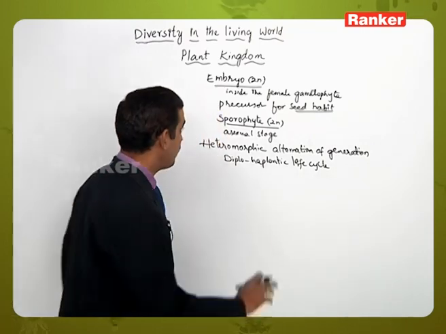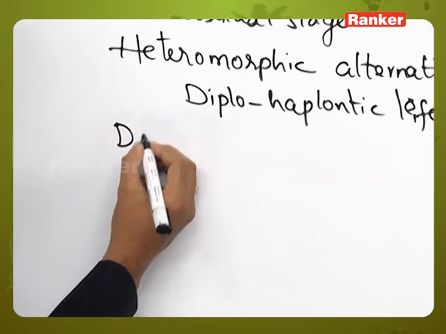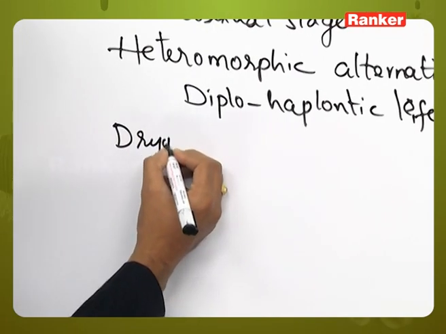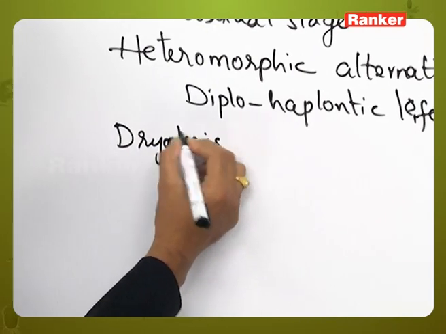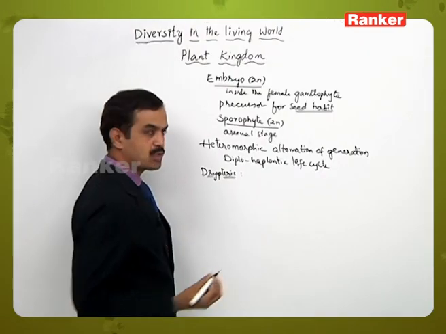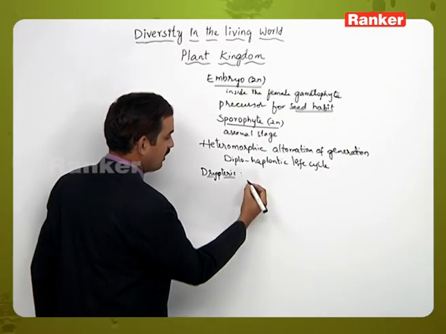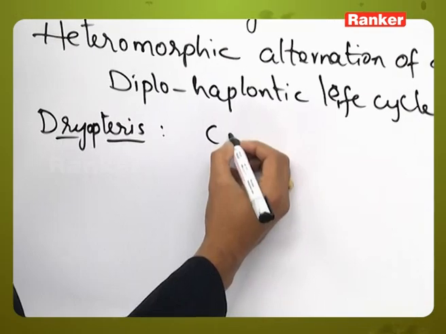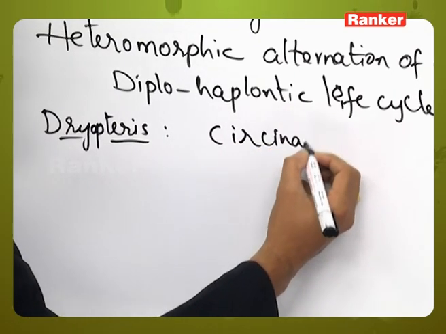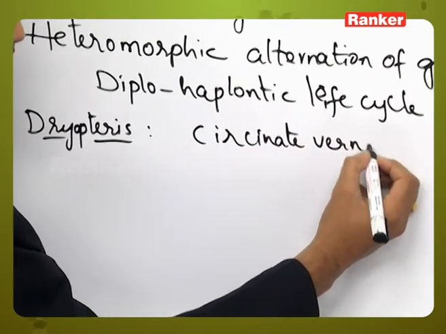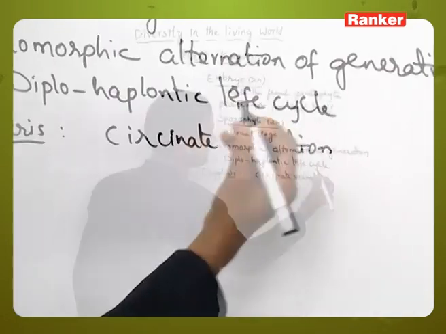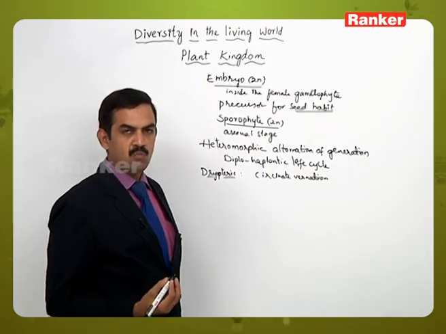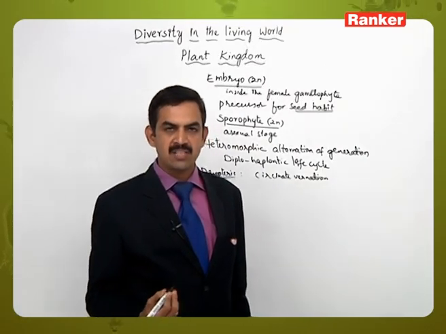And let us see some characters related to Dryopteris. In the Dryopteris plant, we can see special features like presence of circinate vernation, that is, young leaves will show watch spring like coiling structure.